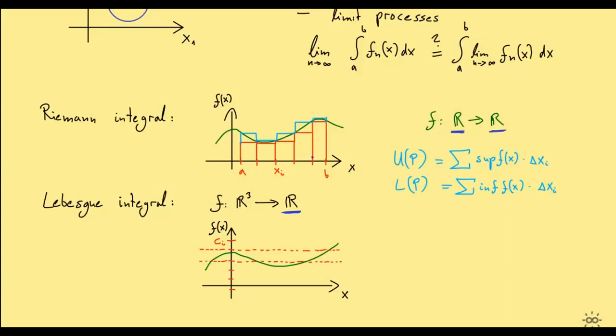This means that we don't draw rectangles as before, but we look at which parts of the function lie inside these two lines. Then we find here that we have one part on the left-hand side, so all the arguments in x that lie in this set are sent to values inside this interval by the function f.